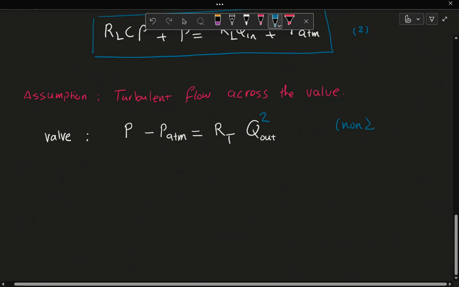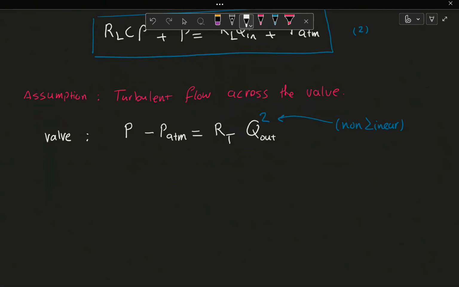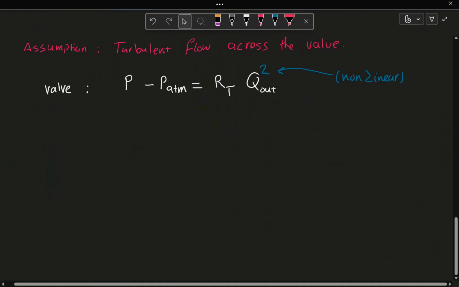This is not a linear equation anymore. Yes? Okay, this squared term here is a nonlinear term. Regardless, what we're going to do is solve this for Q_out, and then put it back into equation smiley.